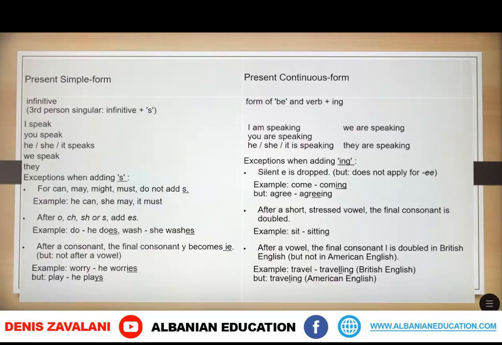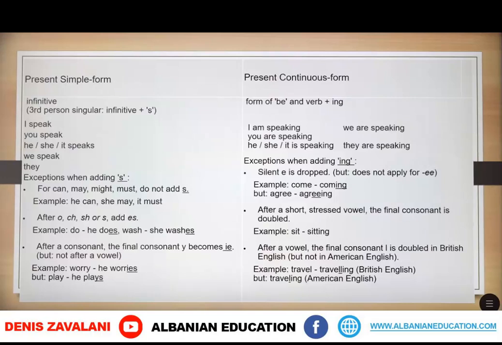So, present simple and present continuous have a lot of differences between them, in form and in use too. So let's see the difference between present simple and present continuous, first in its form and then in its use too.